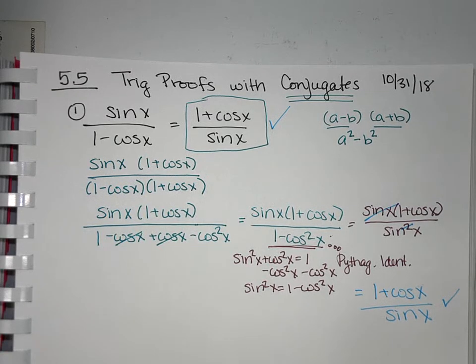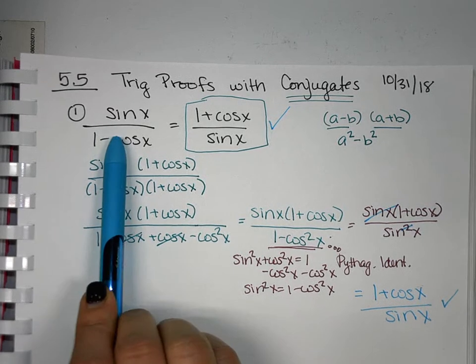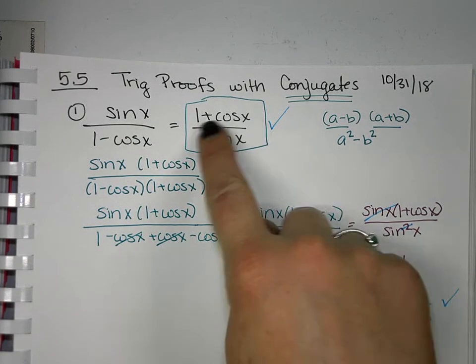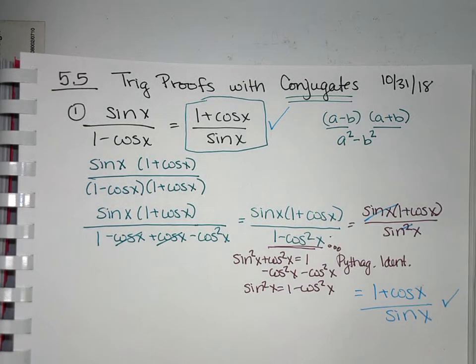So this is how we would use a conjugate to help us in our verifying. And even if we had boxed this side and worked with this one, we still could have done the conjugate. It just would have been 1 minus cosine x on top and bottom. So you can use these either way to make something squared or to try to make one of your identities if it's not there to begin with.